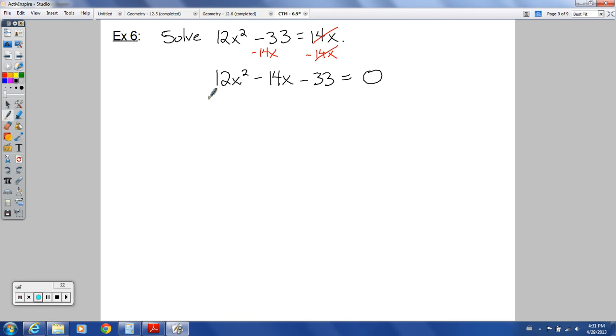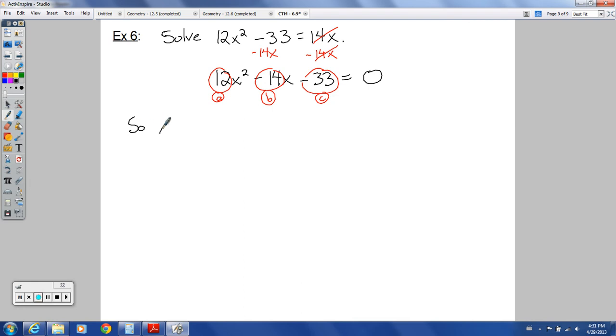So quadratic formula time instead. This is going to be my A, this is my B, and this is my C, the negative 33. Make sure you include the signs with those things as well. That's very important when we plug it into the quadratic formula. So we've got that in the ax squared plus bx plus c form.